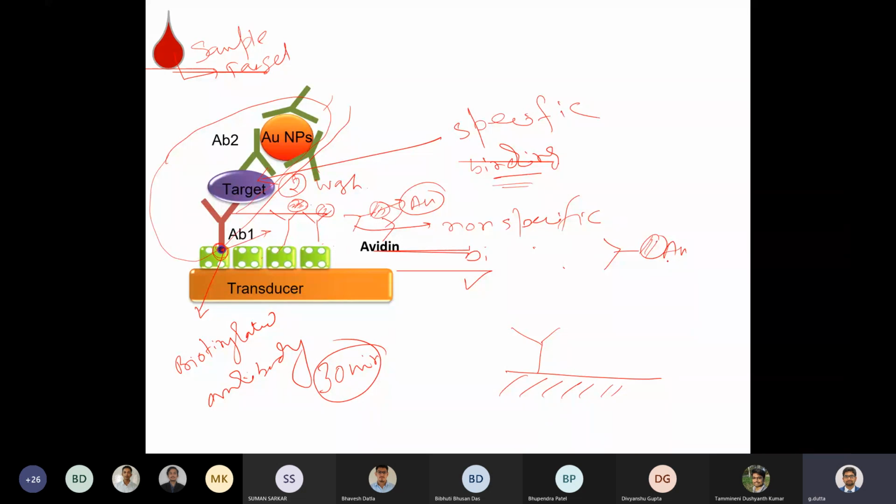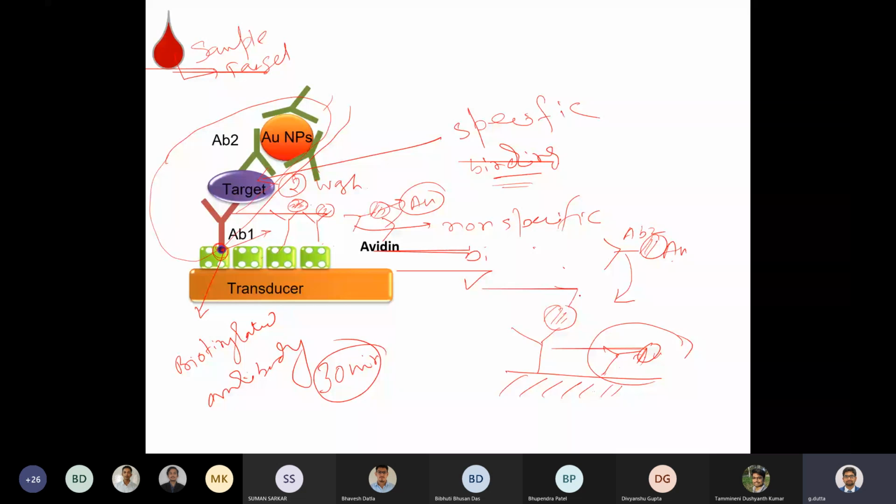Then only your sensor formation will be complete. So you are adding the final step, the secondary antibody conjugated to gold nanoparticle. But if this gold nanoparticle conjugated antibody binds somehow on the surface of the transducer, then this is also non-specific binding. Specific binding is if it binds on this primary antibody coated surface.